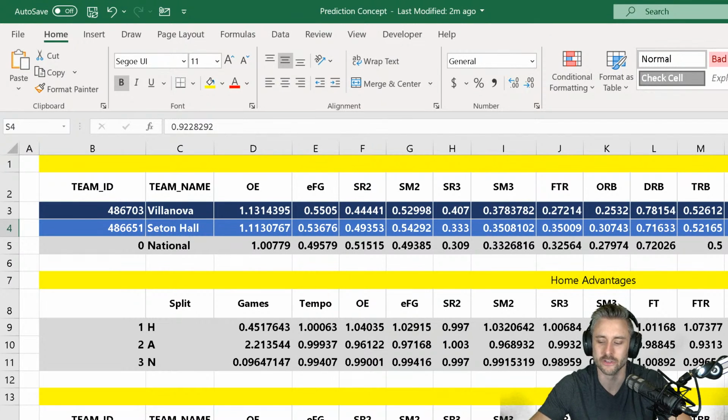Every stat you want to use in a college basketball model should be tempo-adjusted. You divide all the stats by the number of possessions in a game to get a per-possession statistic. That's what offensive efficiency measures, points per possession. So Villanova, 1.13 points per possession. Very important. If you just use points per game, you're not factoring in tempo.